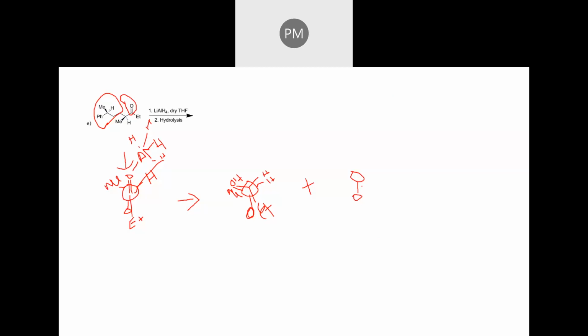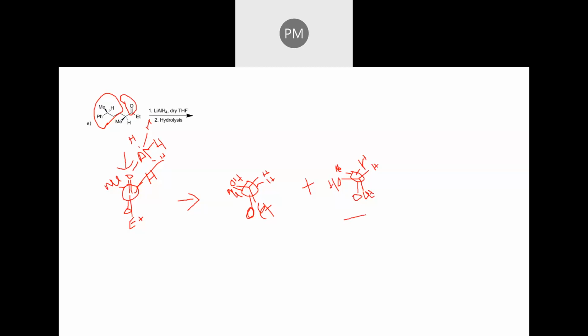Seeing this product, there will be some ethyl, just connected to this hydrogen. So this will be our next product.